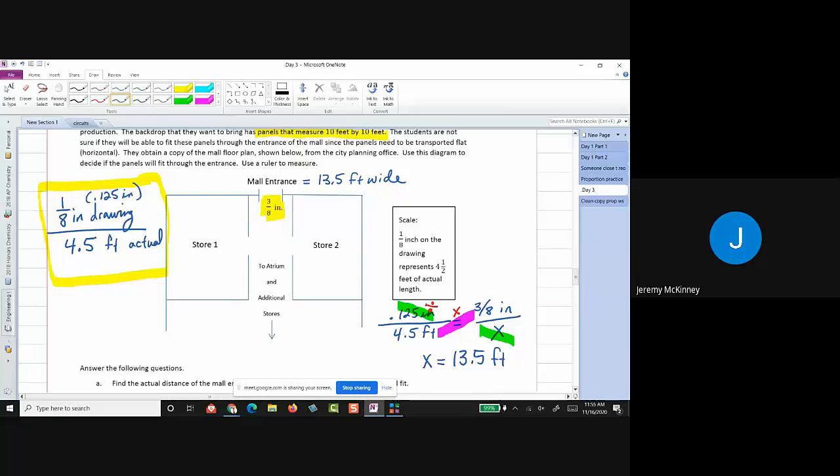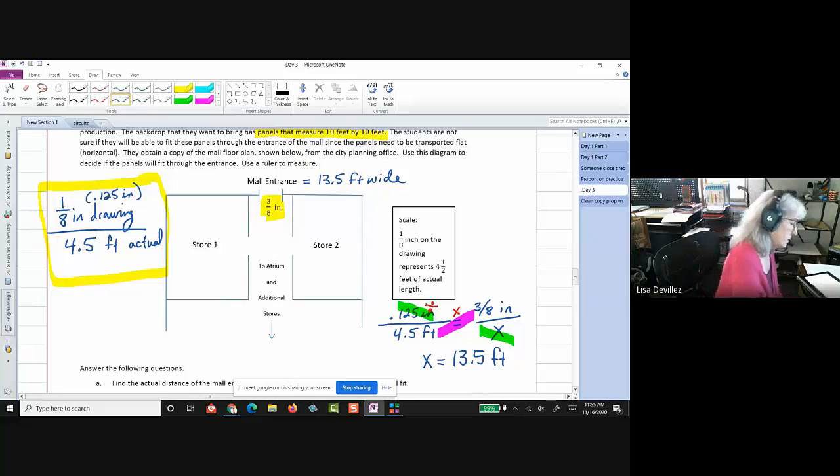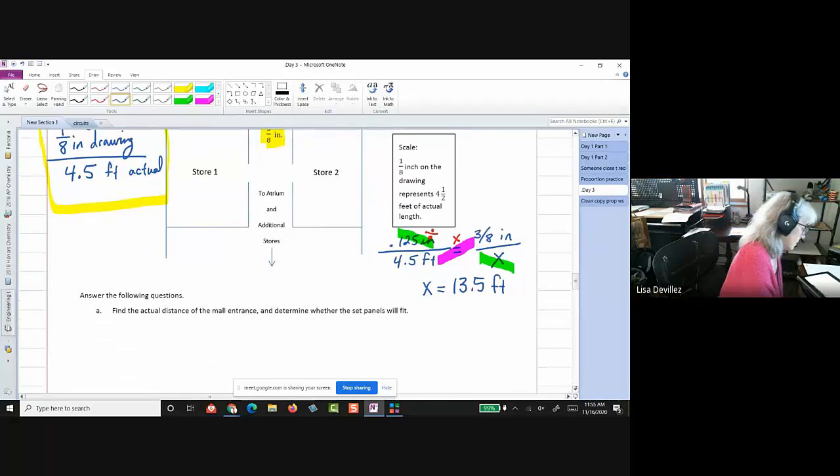Okay, yeah, I got 13.5. Good deal. So 13.5 feet, and the answer is yes. They will fit.